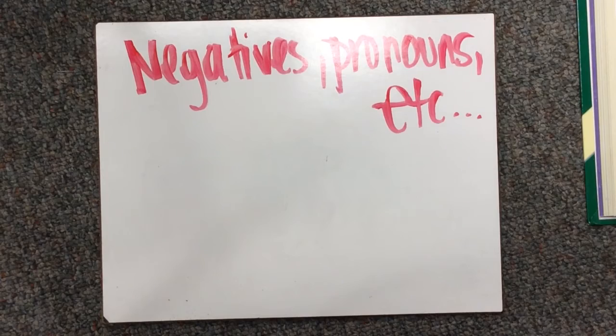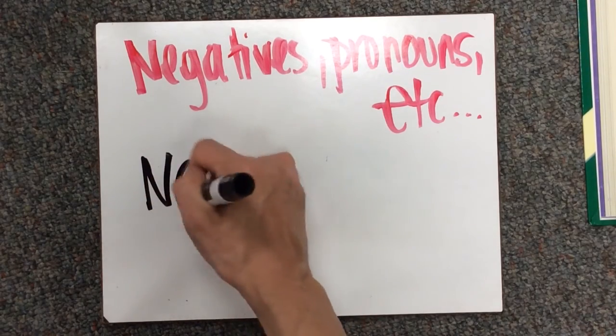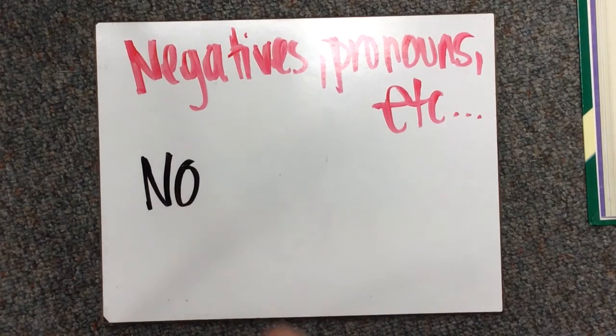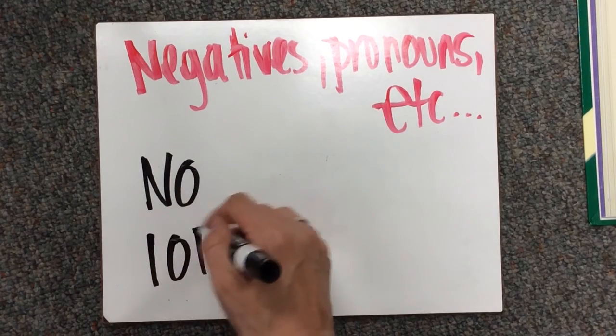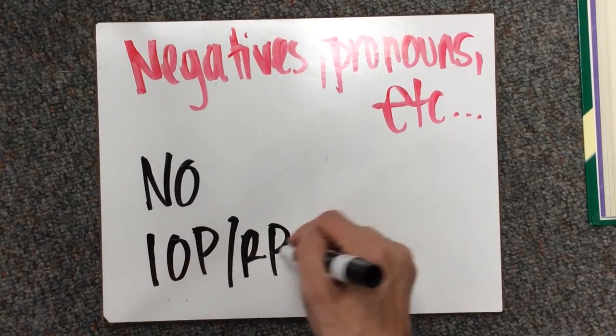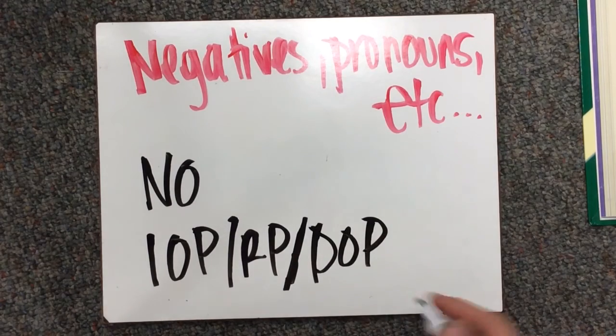If we want to make something negative, obviously you're just going to add a no to the front of it. And if you want to add a reflexive pronoun or an indirect object pronoun, you put these before haber.